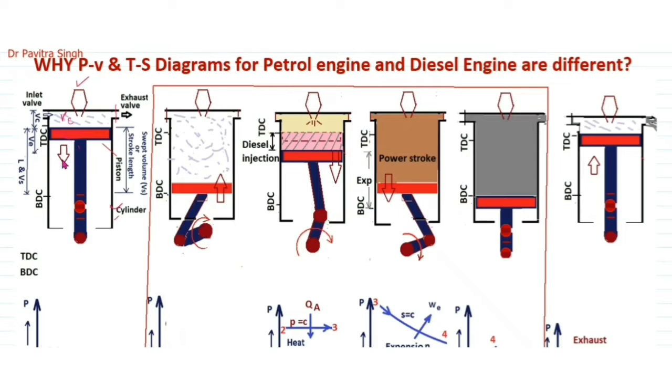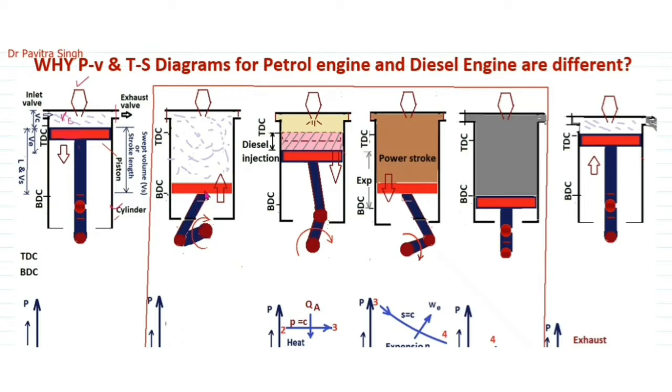The piston is moving from TDC to BDC, and some volume of air is entering the cylinder. This process is called the suction stroke. At the end of the suction stroke the piston will be at the bottom dead center.